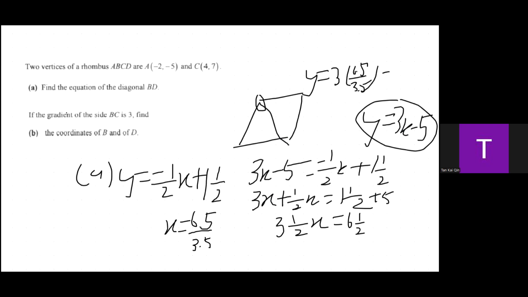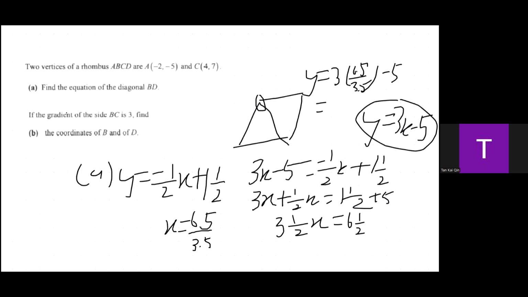So it becomes 19.5 divided by 3.5 minus 5. This will then finally become 4 over 7. So we have found the coordinates of the point B, which is 6.5 over 3.5 for x, with y coordinate being 4 over 7.